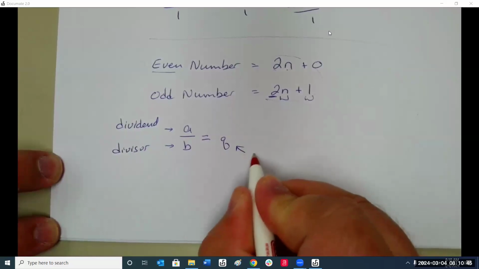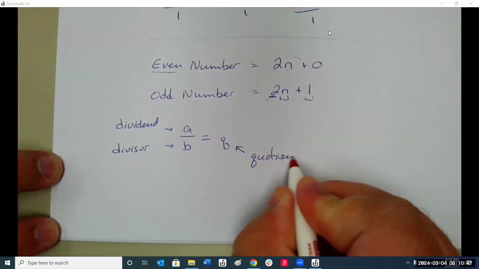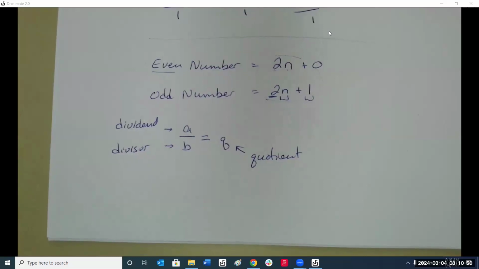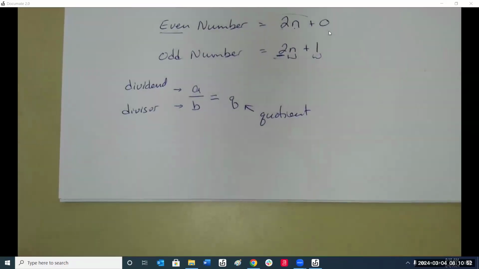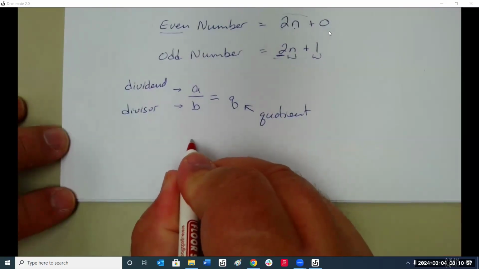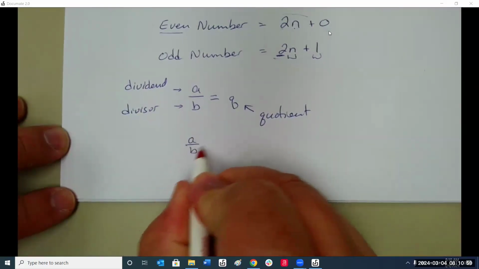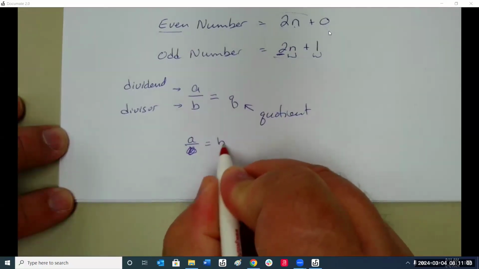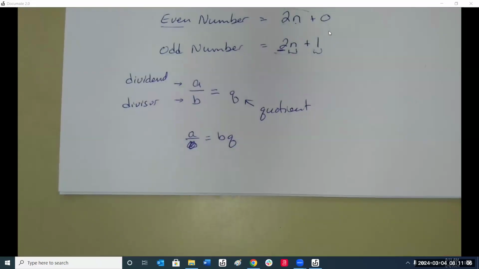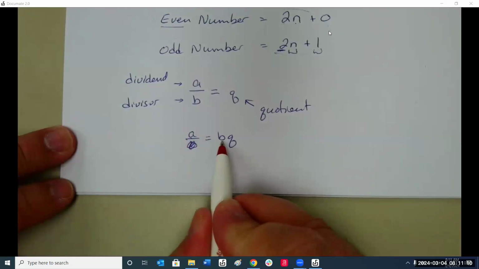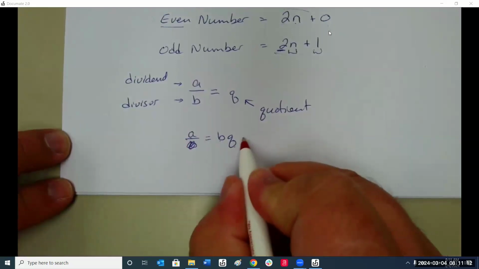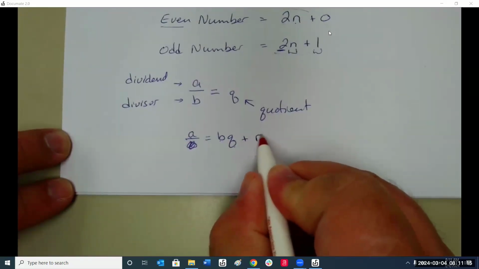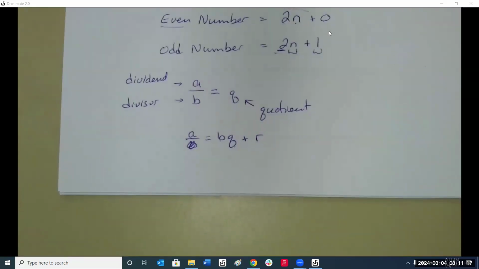This number? Very good. That's if it works out perfectly. If not, well, if I multiply both sides by b, I get that. This is still the dividend. That's still the divisor. That's still the quotient. And then there's the remainder.